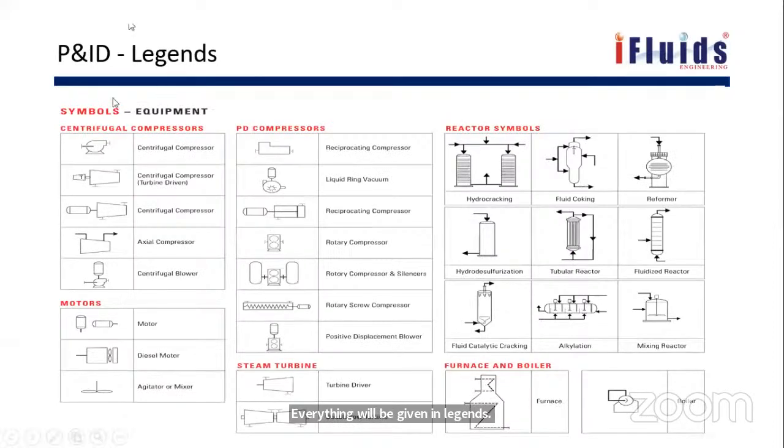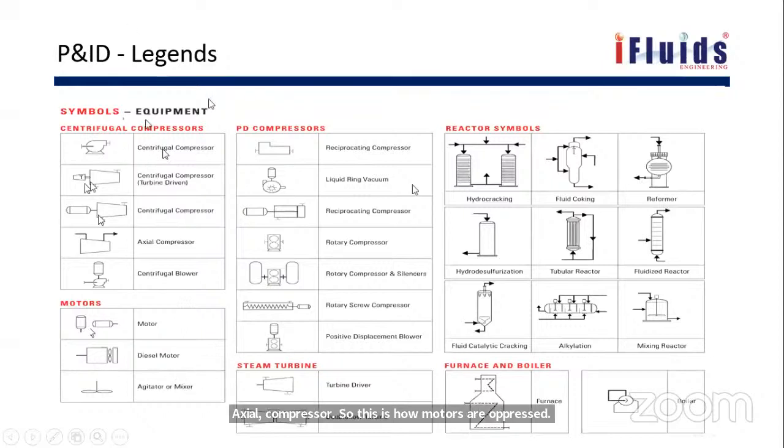Now we'll go through how equipments are represented. Centrifugal compressor, turbine driven centrifugal compressor, axial compressor. So these are how motors are represented. This is a motor driven centrifugal compressor.